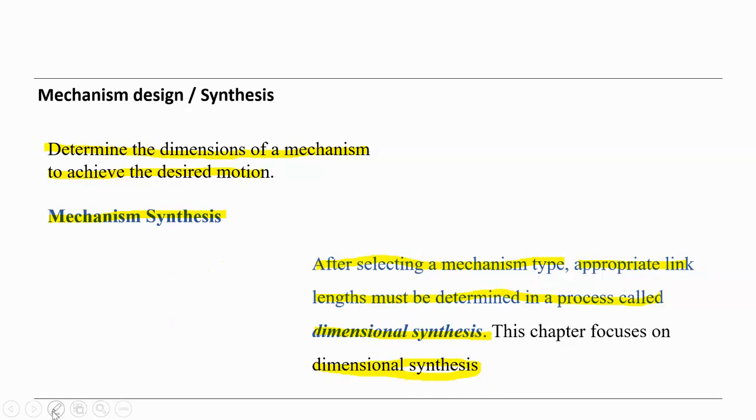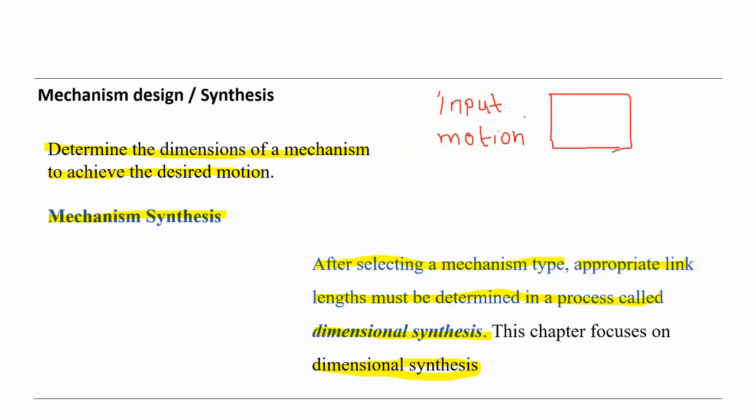But let's say we said we have an input motion, and there will be a mechanism here somewhere.